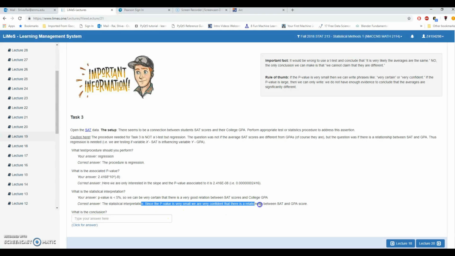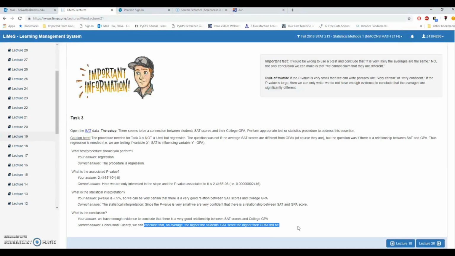We can be very confident that there is a relationship between SAT and GPA score. So what is the conclusion? That there is a very good relation. Okay, so that's all.